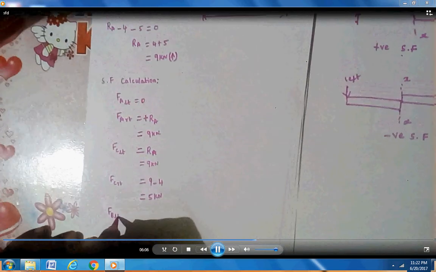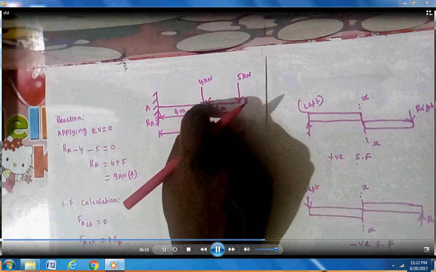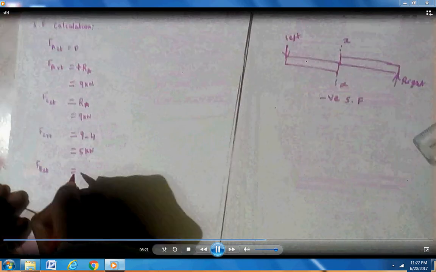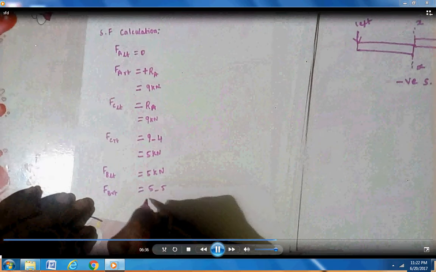Then shear force at B left: from C to B there is no load, so RA upward plus and downward 4 minus, that is 9 minus 4, again 5 kilonewton. B right means considering the point load at B, downward 5, so 5 minus 5, that is 0.